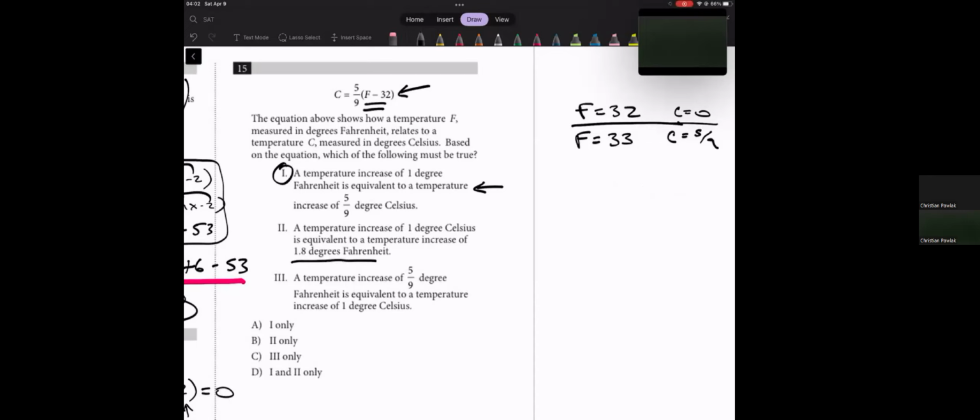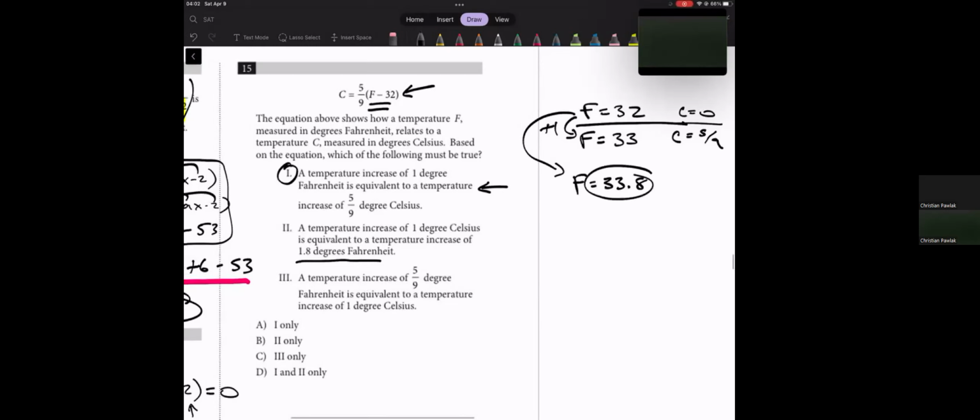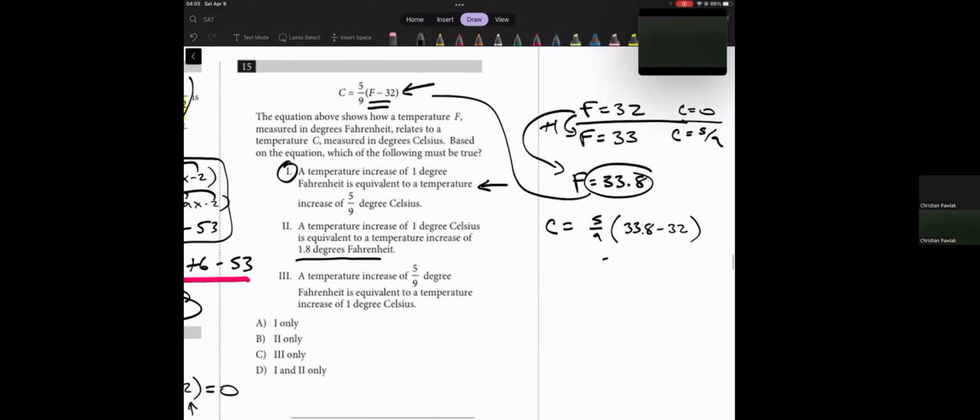Well, if I, instead of adding 1, I instead add 1.8, I would get Fahrenheit is equal to 33.8. So let's see what happens when I plug in this number into here. C is equal to 5/9 times 33.8 minus 32, which gives me 5/9 of 1.8. There's that 1.8 degree increase.